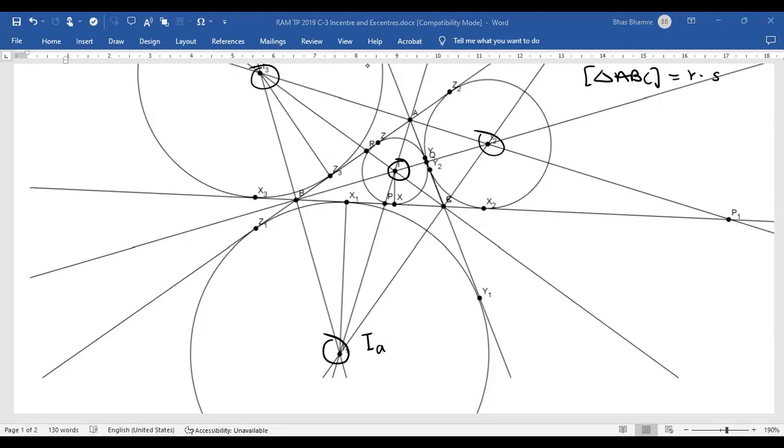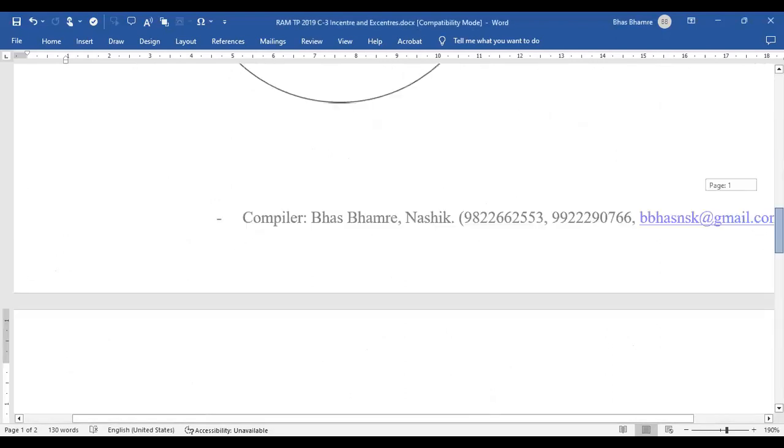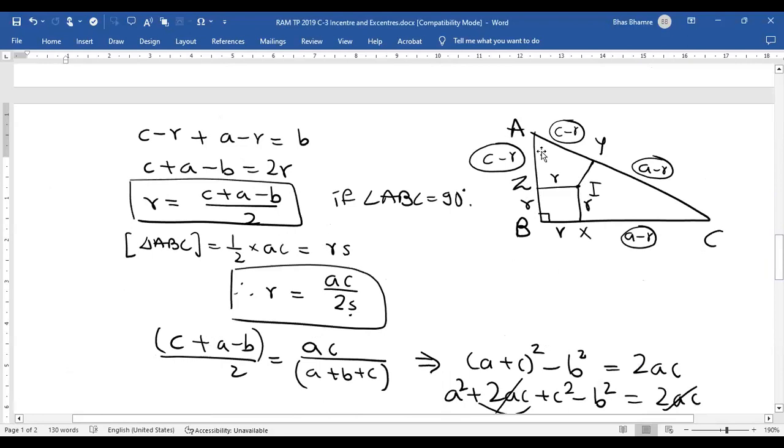Okay. Hayagriv has a question to this earlier. Yeah, I am coming to that point. See, the length of AB is termed as small c, and BZ is R. So AZ should be C minus R. Got it? Oh, I said CY.